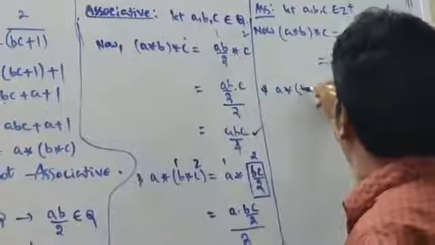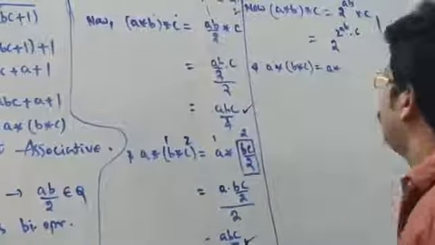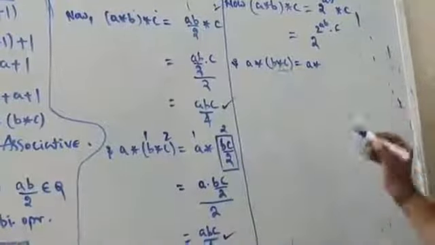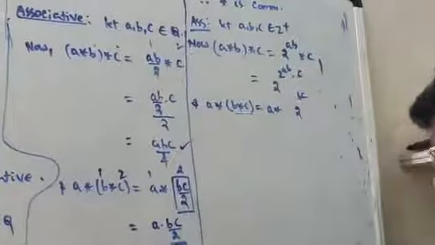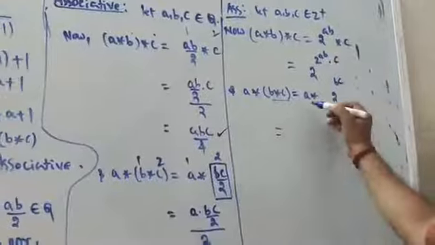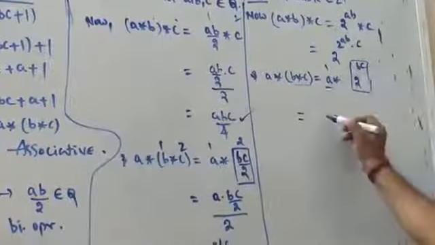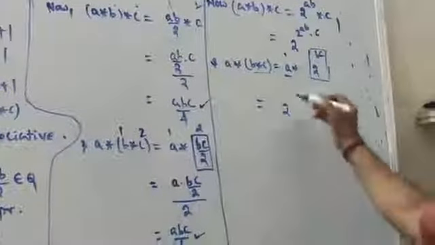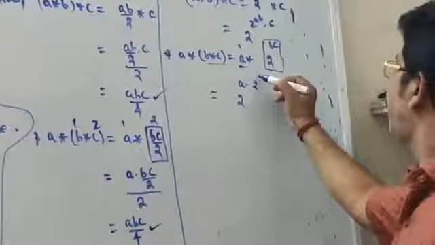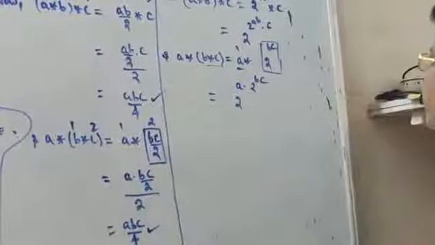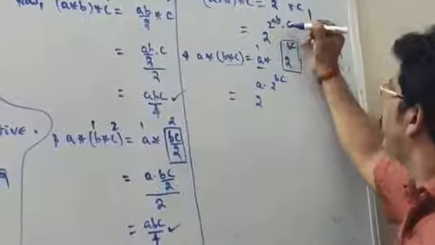Now a star (b star c), using 2 power first element into second element: this is the first element, and now b star c is the second element. So star is 2 power first element into second element, meaning 2 power bc.